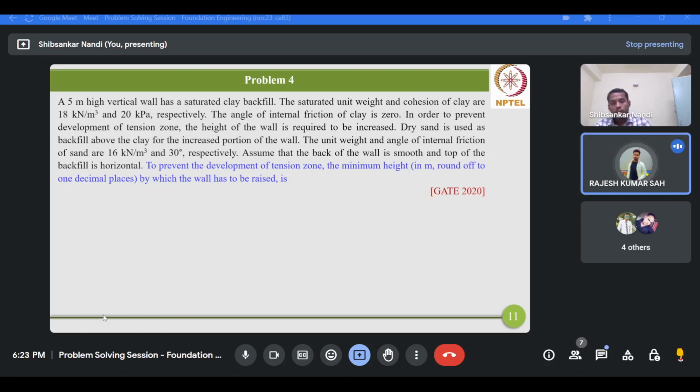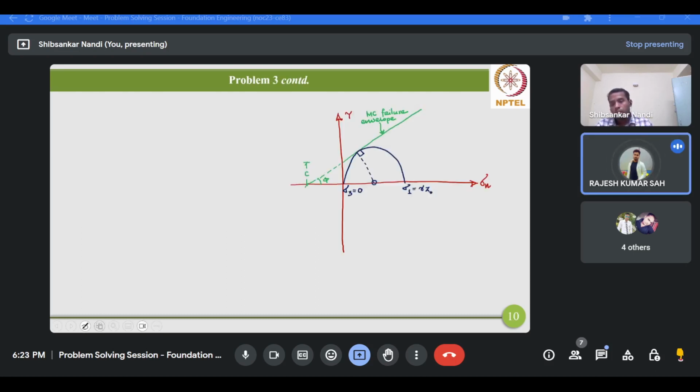Sir, I have one question. A little confusion, sir. If there is an angle of internal friction given, suppose some value like 60 degrees, is that the phi value or the theta value? What are you asking about?